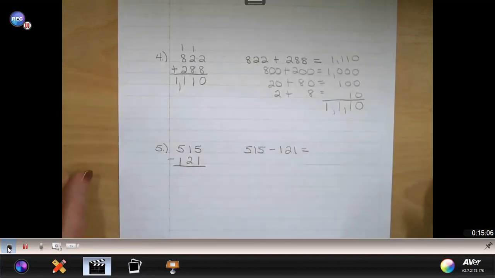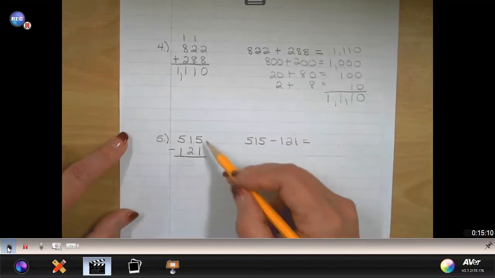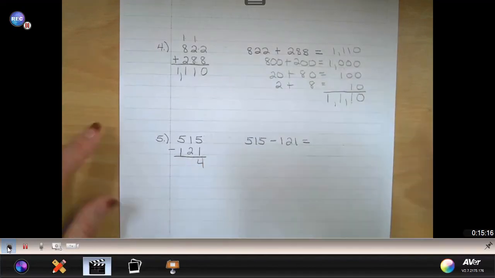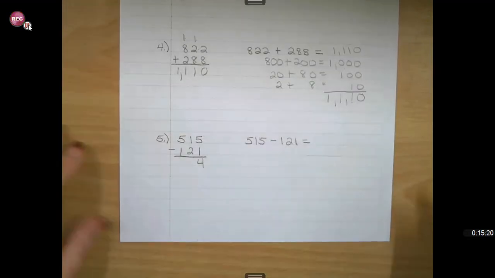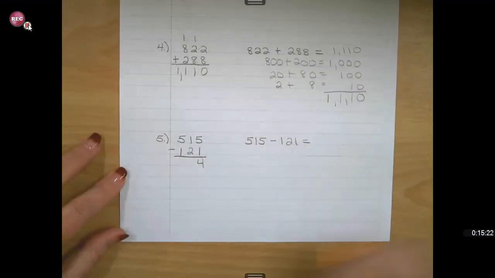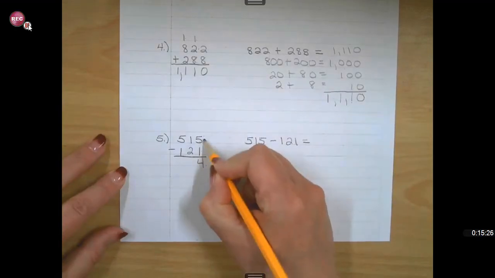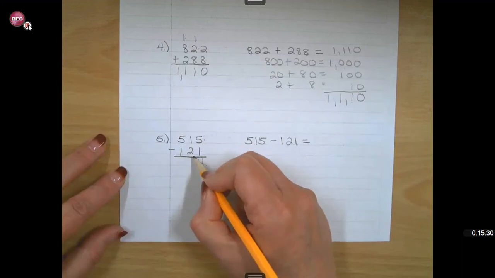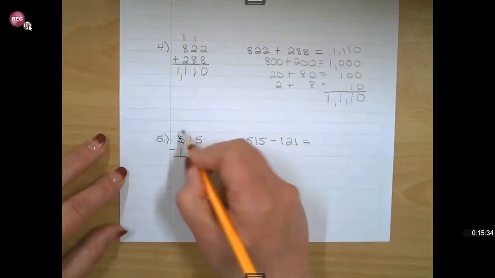And now we're going to go into our last subtraction sentence. We go to the ones place, and yes, we can subtract. 5 minus 1 is 4. We can subtract because this is a smaller amount than the 5. We can't subtract the tens place because we are working on making sure that we borrow.